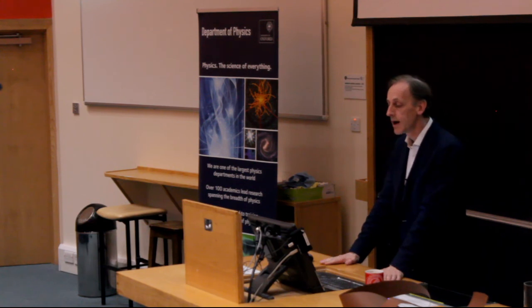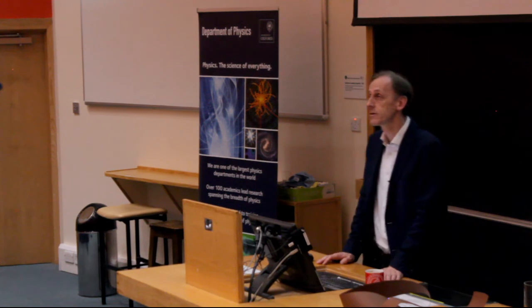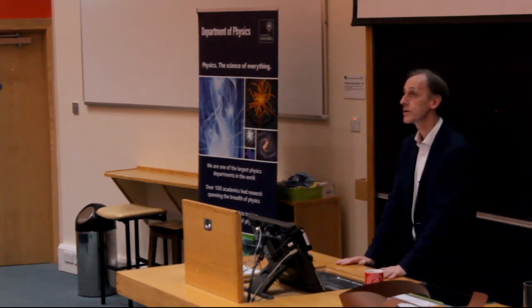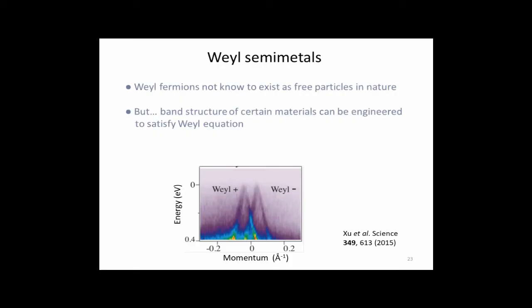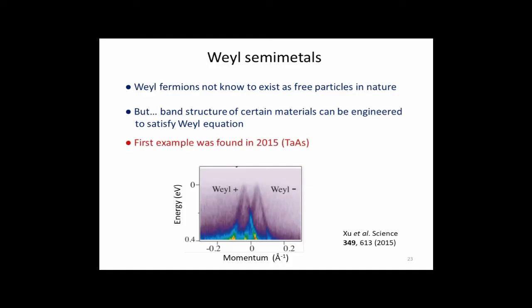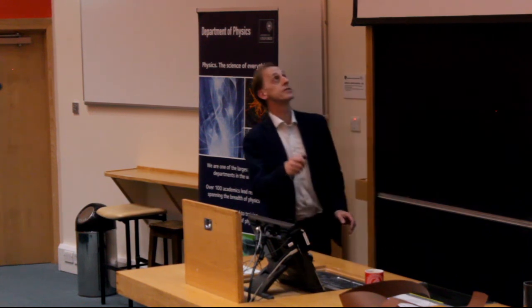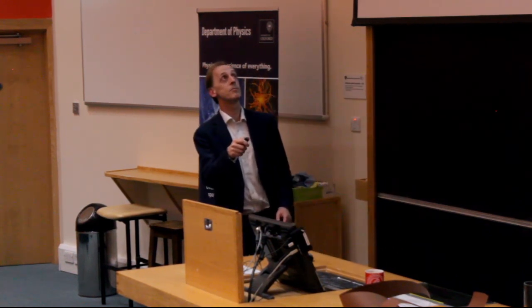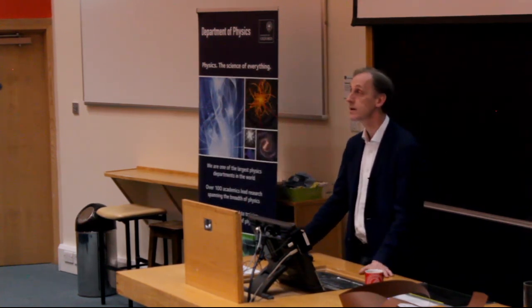However, 4 or 5 years ago, there were proposals that in certain materials you could engineer the electronic structure so that the energy-momentum relationship looks exactly like what is predicted by the solution of the Weyl equation. And in fact, the first example of such a material was discovered in 2015, so relatively recently, in this compound here, Tantalum Arsenide. It was discovered by several groups around the world independently, including one here in Oxford.